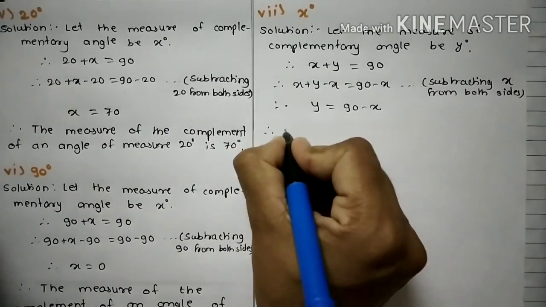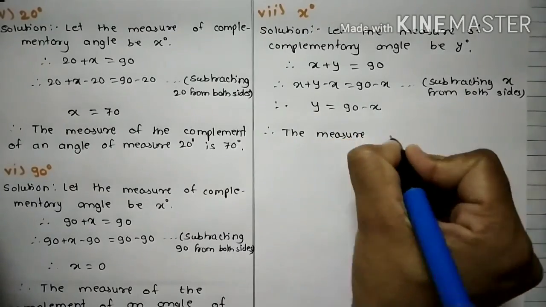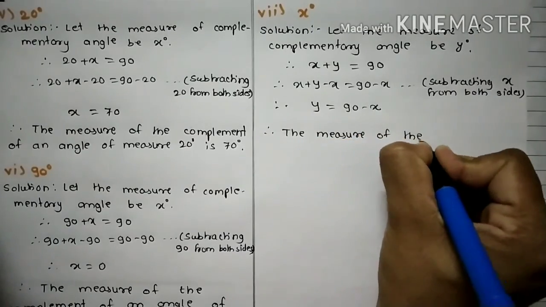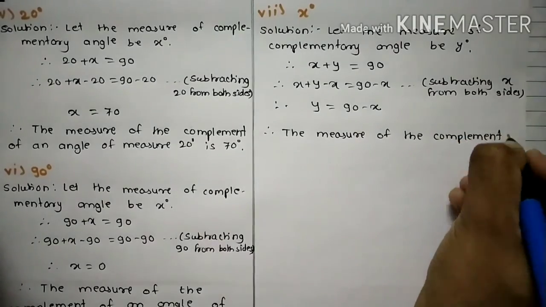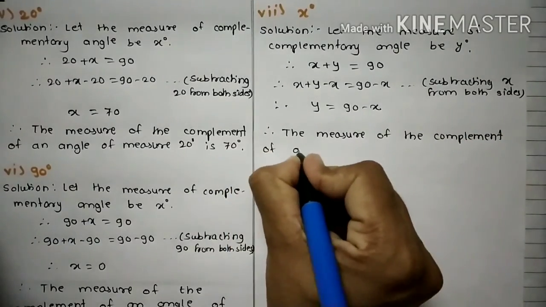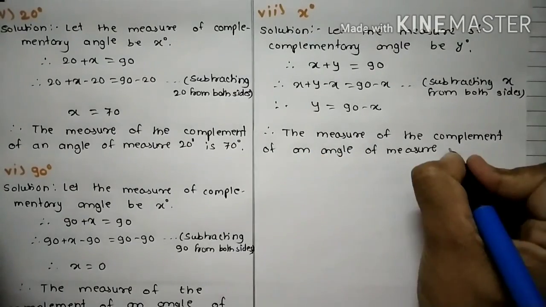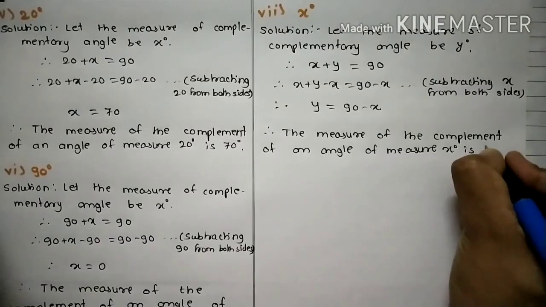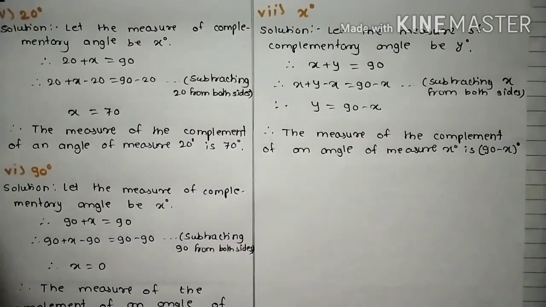Therefore write down, the measure of the complement of an angle x degrees is 90 minus x degrees. Okay.